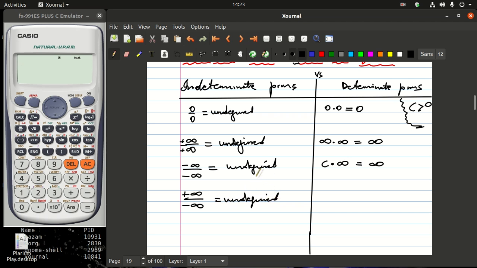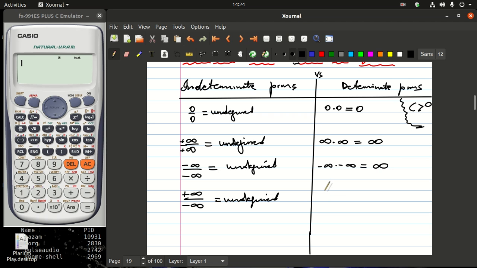But take note that I'm going to clean this up and rewrite it at a later stage, because I still want to compare here. If I take negative infinity and I multiply by negative infinity, these two big numbers, negative and negative, is going to be positive, so I will end up getting the very big number infinity.